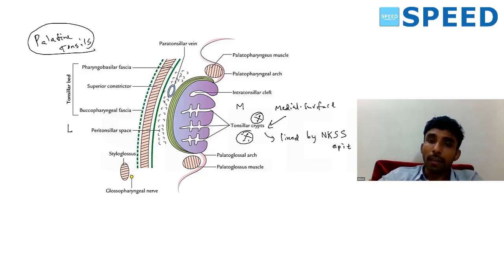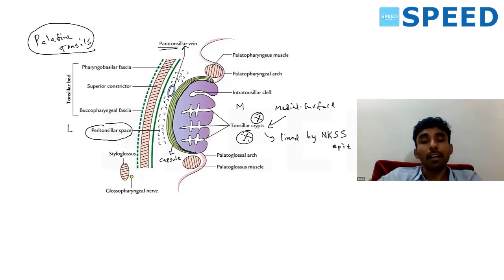Right now I am tracing the lateral surface of the palatine tonsil, which is lined by a capsule, that green color capsule. Lateral to the palatine tonsil, we have the peritonsillar space, which contains one vein, namely the paratonsillar vein.